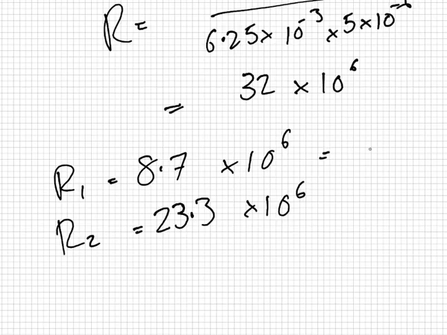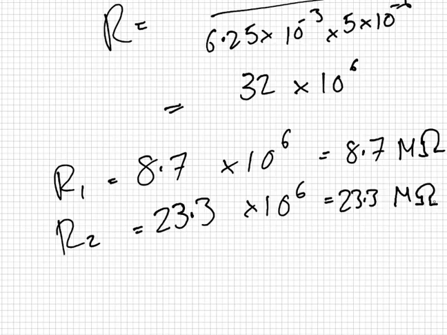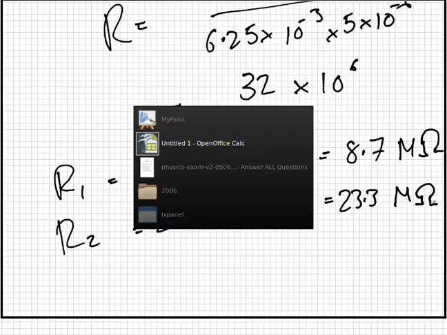So in other words, 8.7 megaohms and then 23.3 megaohms. Can I know why you subtracted? Because two resistors are in series. Look at the picture.